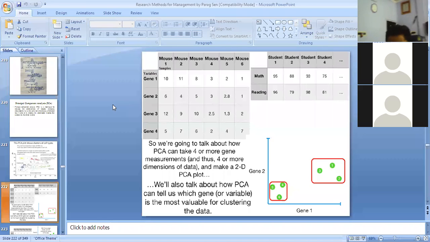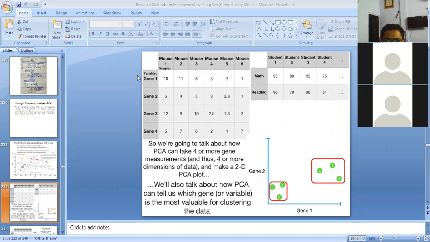So here you can see that there are 6 mice, for example. These 6 mice are your samples.